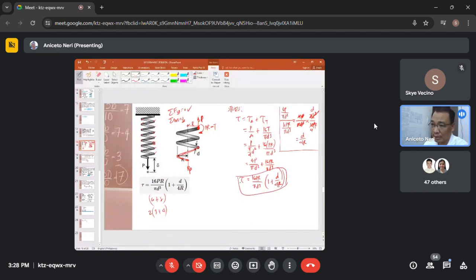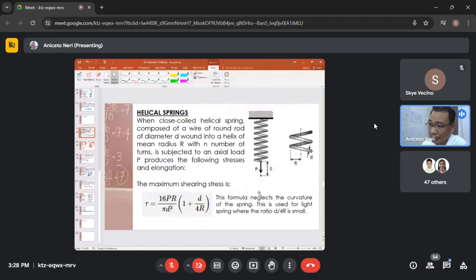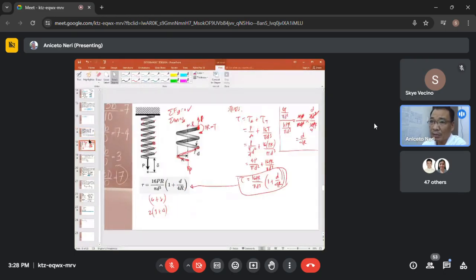Okay. Morning formula. Pero, nakasulat dire, giniglect niya ang curvature of the spring. Nga naman. It's because kini nga formula, this was derived using a straight shaft.